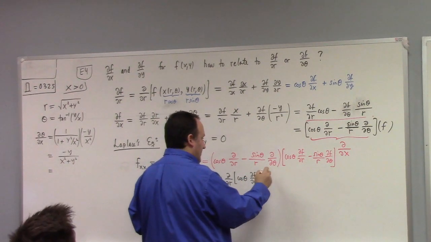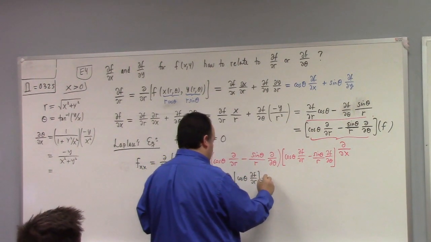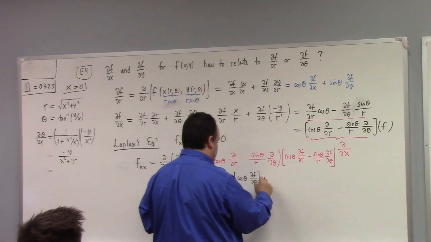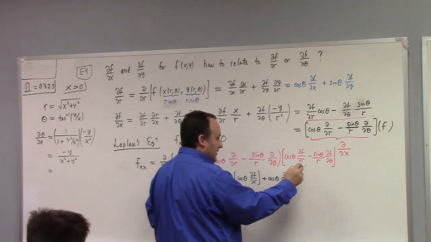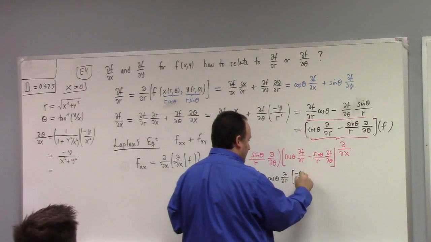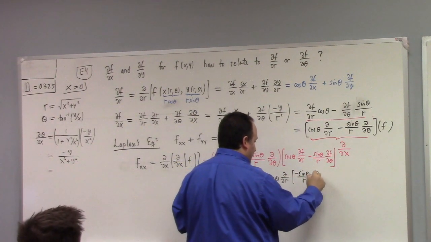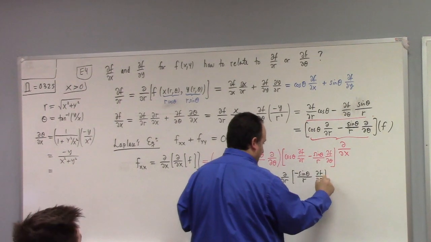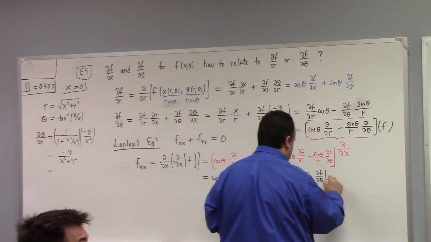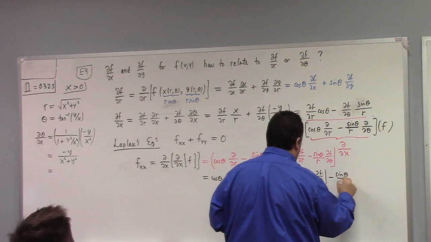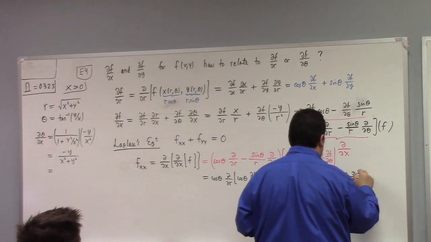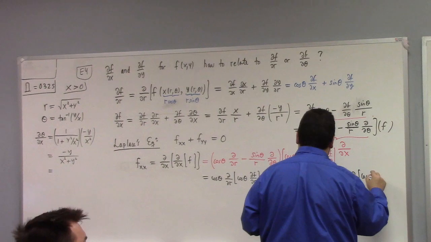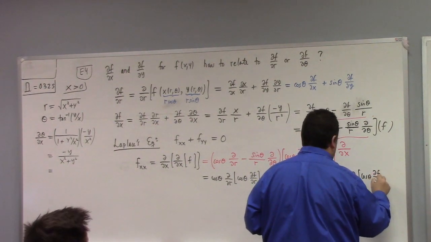And then plus cosine theta partial r of minus sine theta over r partial f partial theta. And then minus sine theta over r partial theta of cosine theta partial f partial r. I usually make this homework.